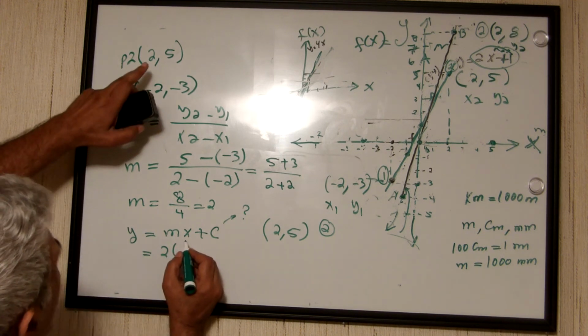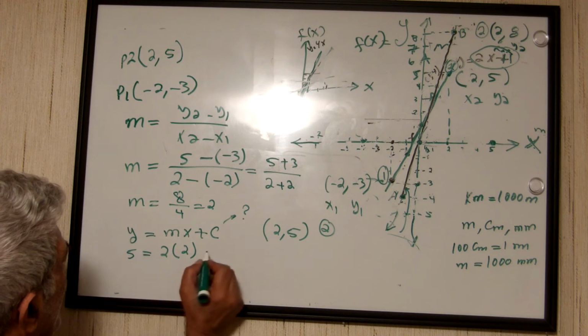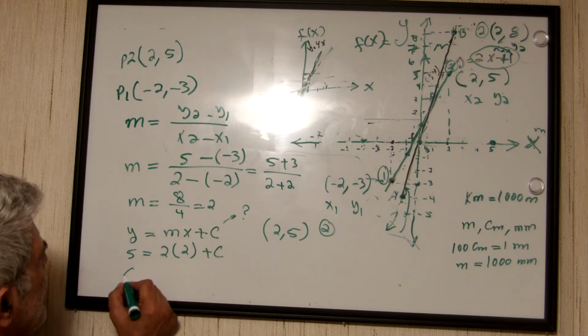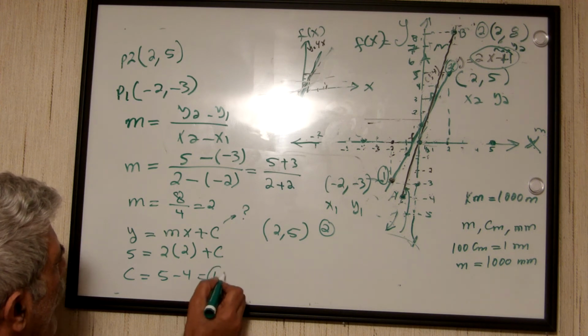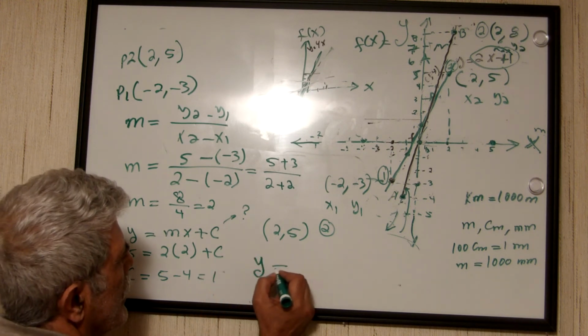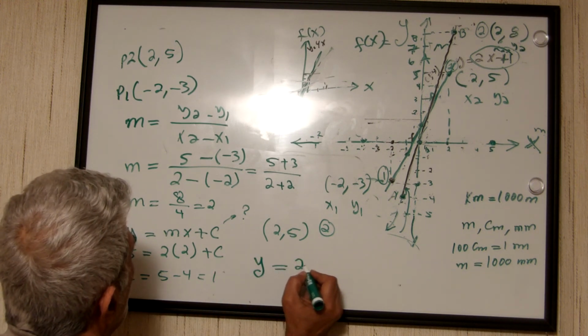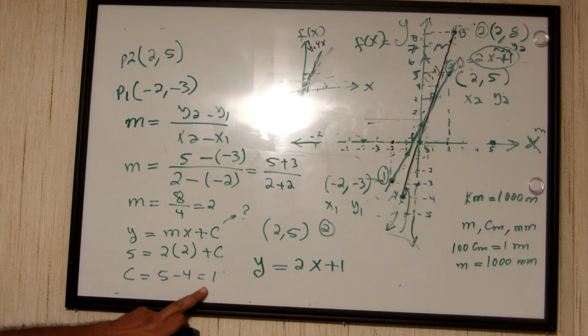The x value is 2 and the y value is 5 equals 2 times 2 plus c. C is going to be 5 minus 4, which is 1. So the equation is y is equal to 2x plus 1. We find c is equal to 1.